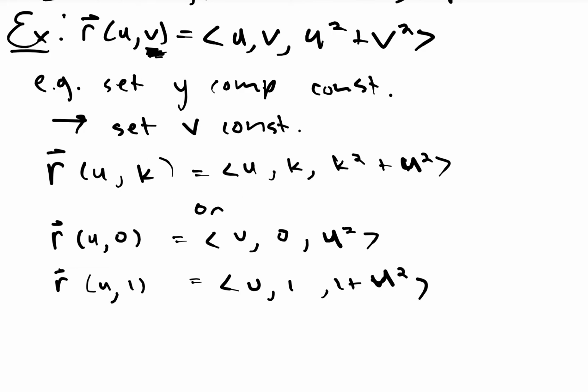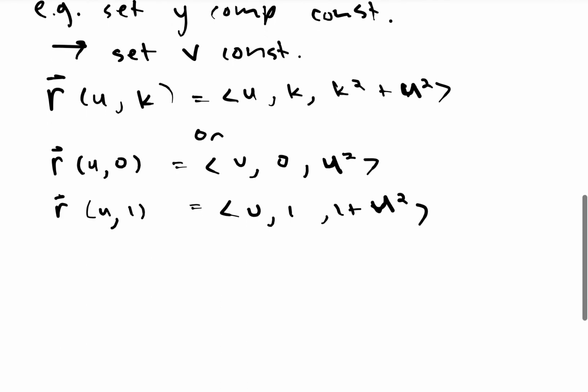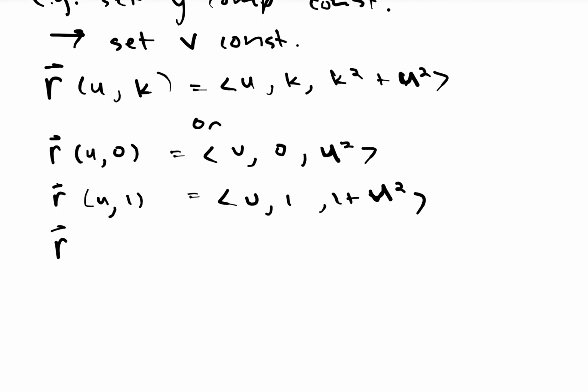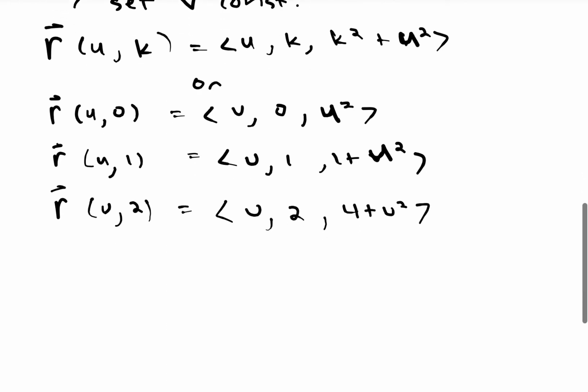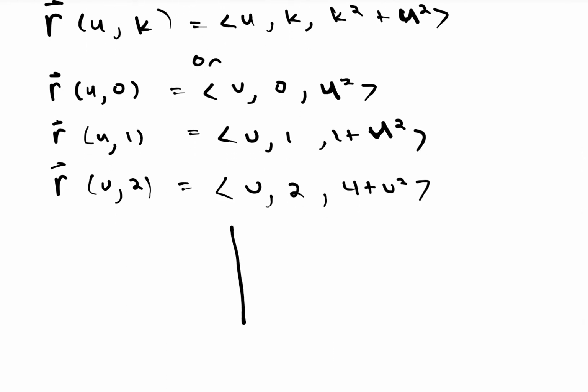And the way to think about drawing that, if I wanted to pair these things together, I'll go ahead and do one more of these. Get u2, 4 plus u squared. If I want to draw all of these on the same graph, think about it like this. For this first one, I've basically got a 0 in my y component.